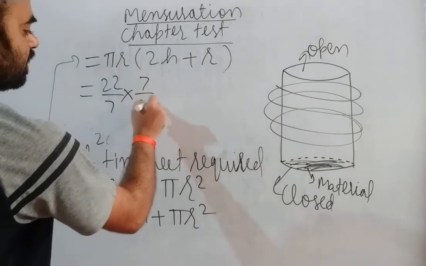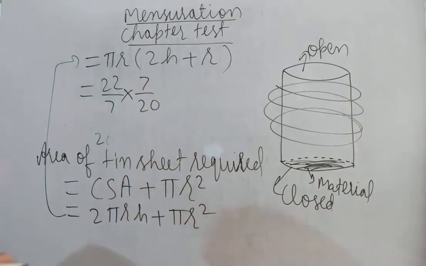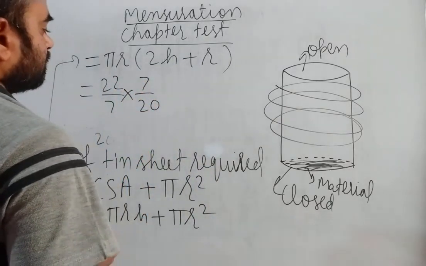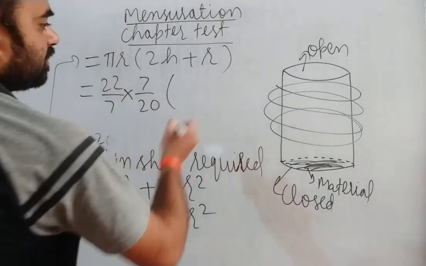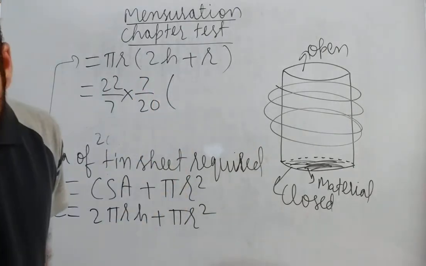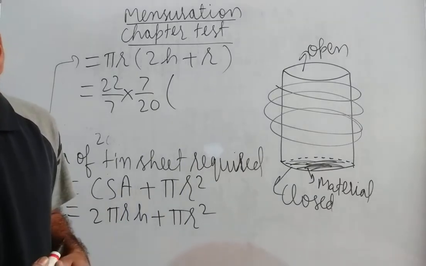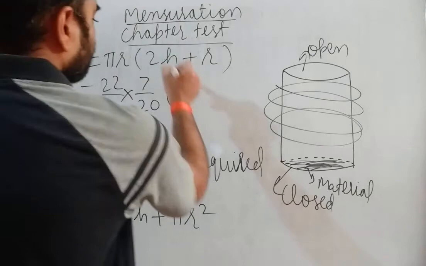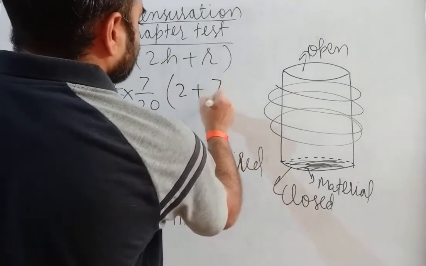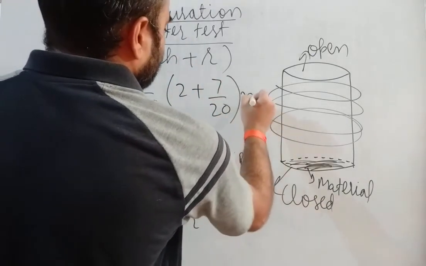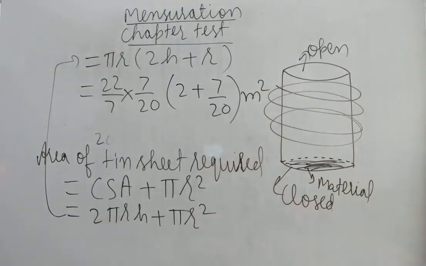Radius we have calculated 7 by 20 in meter. Correct? Now 2h means height was 1 meter. It means this is 2. Again radius is 7 by 20. This will give answer in meter square.